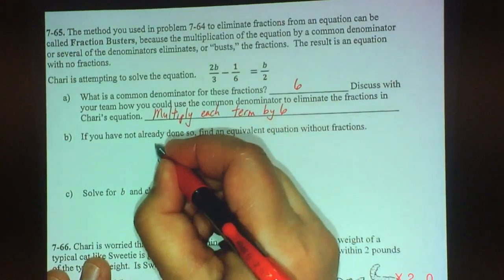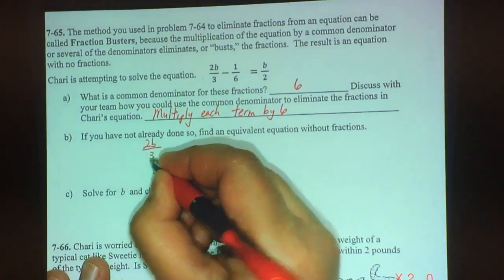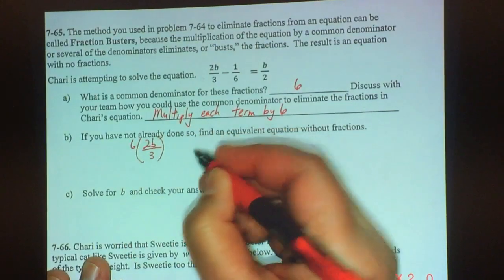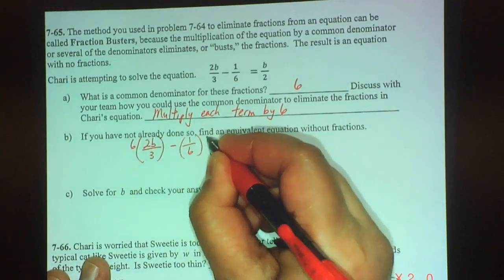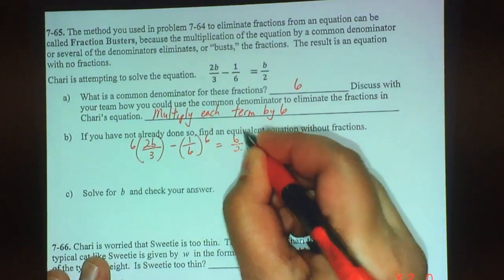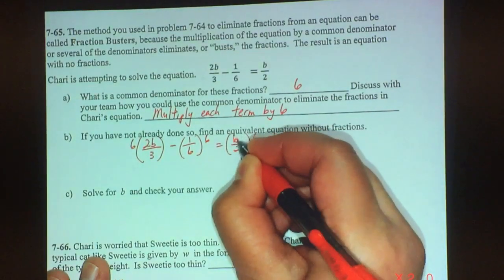So check it out. 2b over 3 multiplied by 6 minus 1/6 times 6 equals b over 2 times 6. Oh, my b's and my 6's are kind of looking the same.